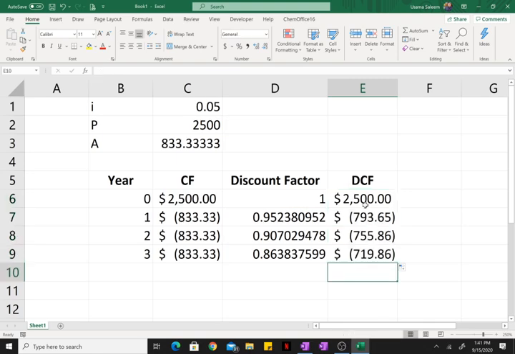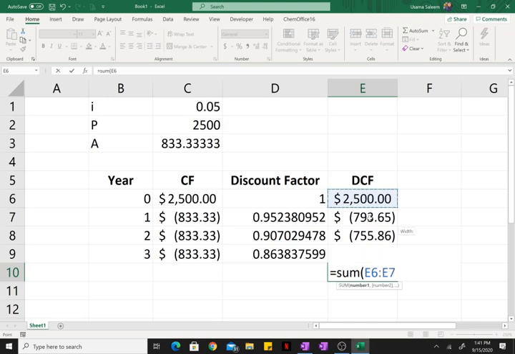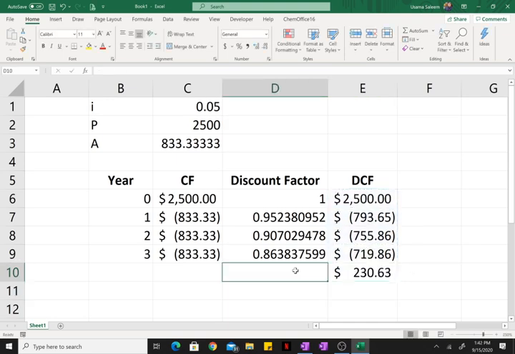For now, the bank needs to balance the negative with the positive, so the sum of the cash flows has to be 0. So I have a sum here, and this total amount is called net present worth, since we're taking the value of all the cash flows at year zero.